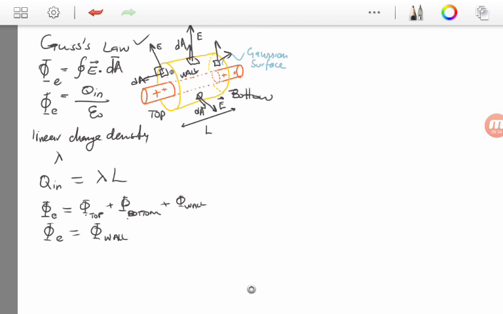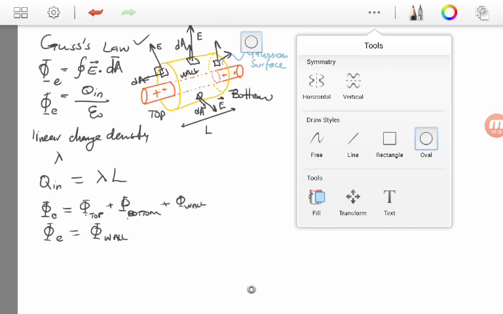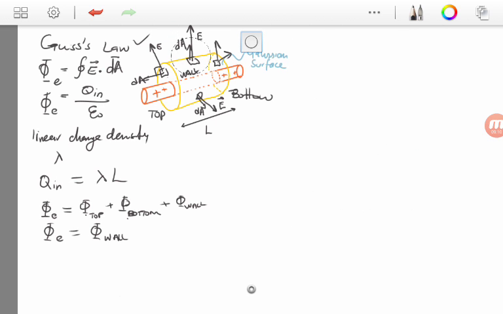If we focus here, we can see that since the area vector and the electric field are parallel to each other, this means that we can easily remove E out of the integral sign.